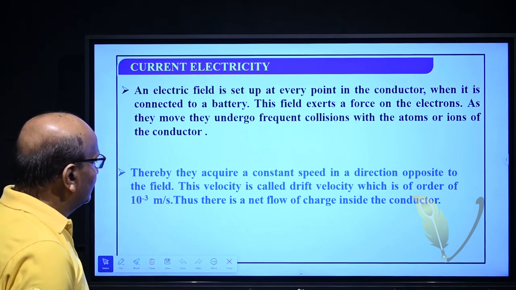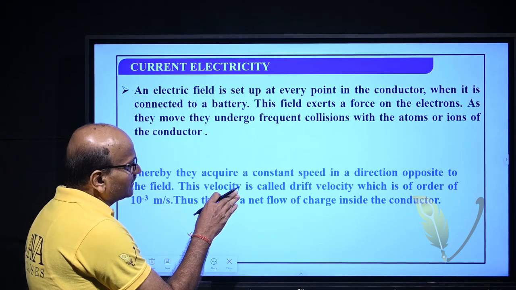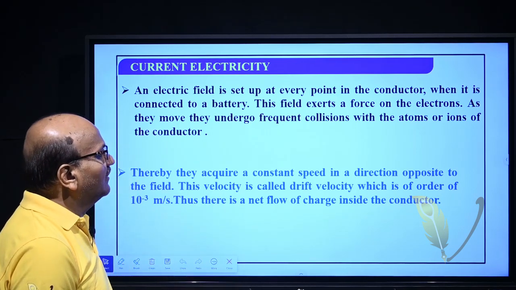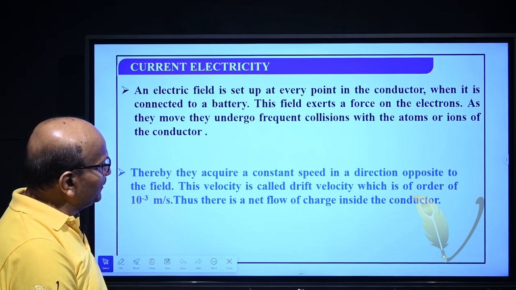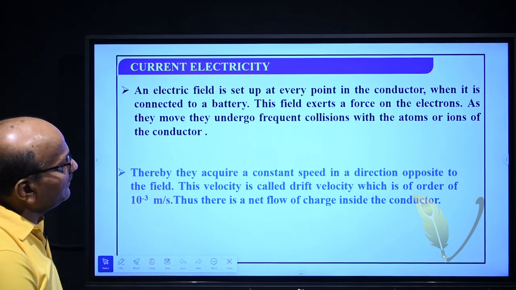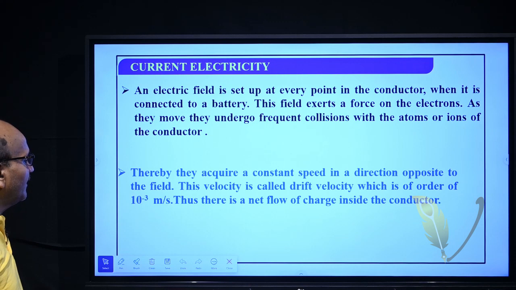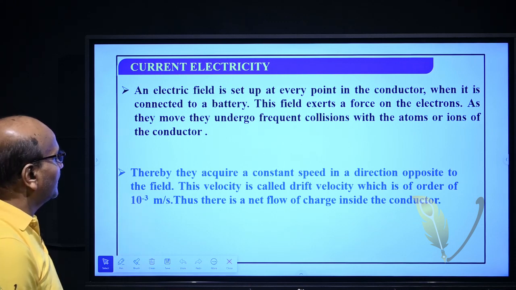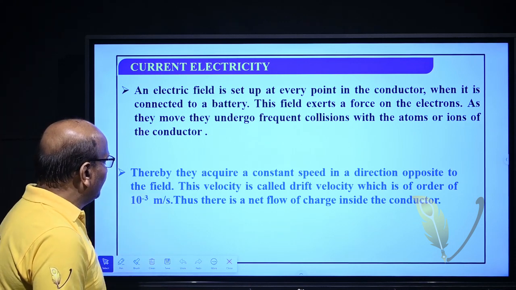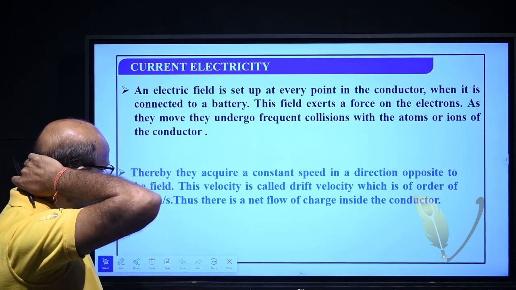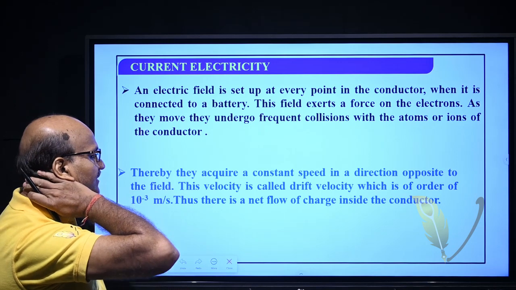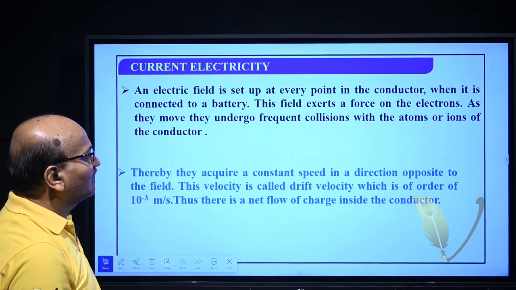Thereby, they acquire a constant speed in a direction opposite to the field. This velocity is called drift velocity, which is of the order of 10 to the power minus 3 to 10 to the power minus 4 meter per second. Thus, there is a net flow of charge inside the conductor.